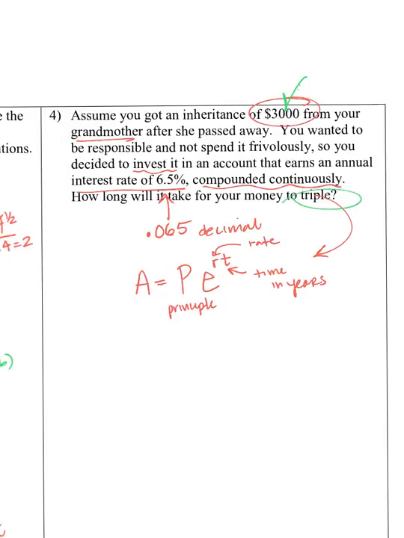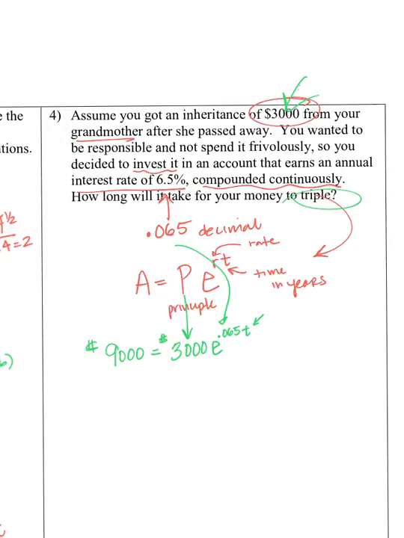So if I have $3,000, if that's going to triple, that means I want to know when I'm going to have $9,000. Again, we know that the principal is starting out at $3,000, e is the number e, our interest rate is 0.065, and we want to know how long it will take before it triples.